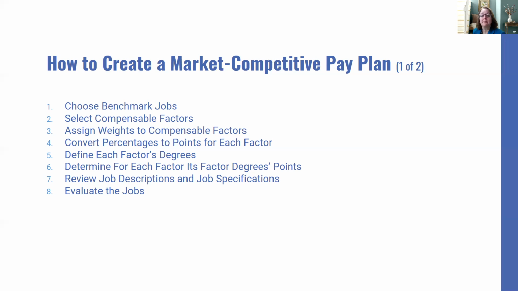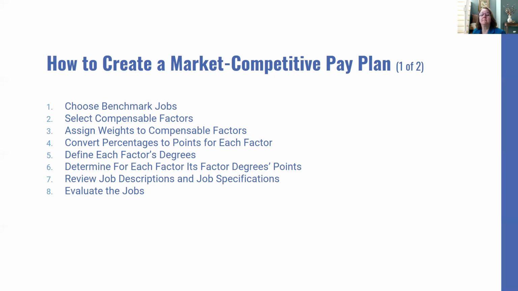Number 7, review descriptions and job specifications. So the heart of the job evaluation involves determining the amount of or degree to which the job contains the selected factors, such as effort, job complexity, and working conditions. The team conducting the job evaluation will frequently do so by first reviewing each job's job description and job specification.